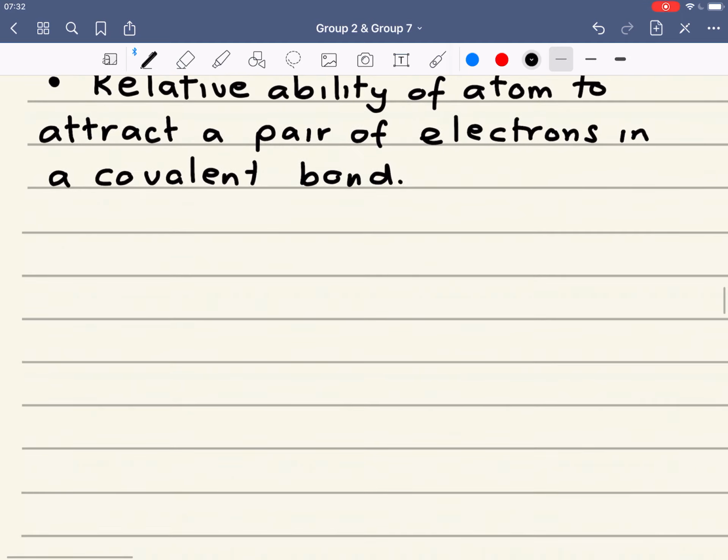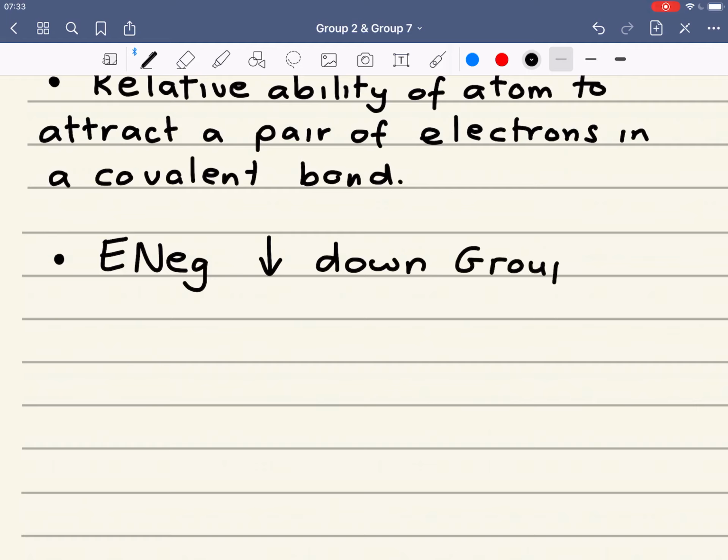So we would state the trend first, and we would say that electronegativity actually decreases down group 7. And then we've got to explain this trend. Why?